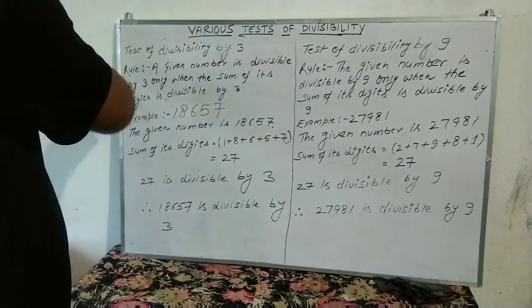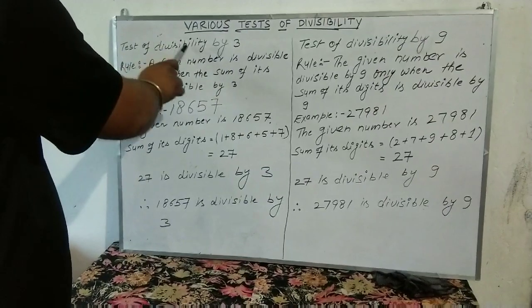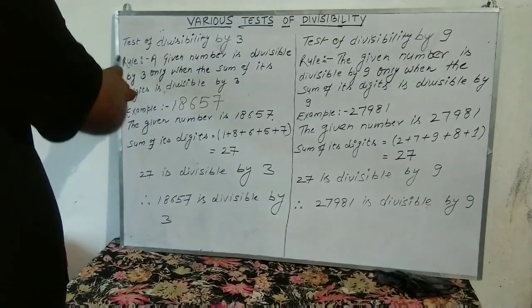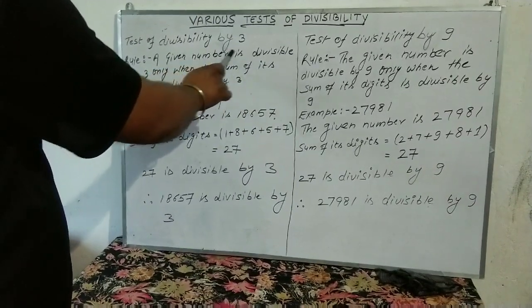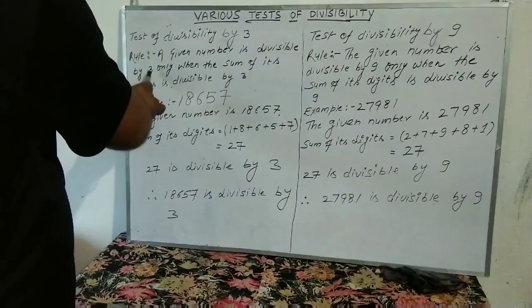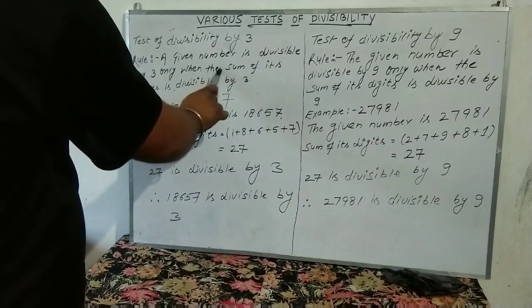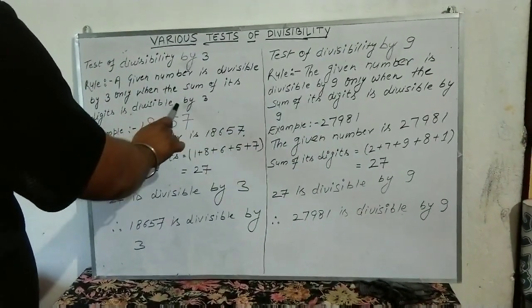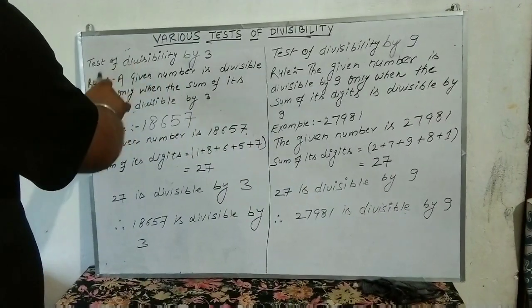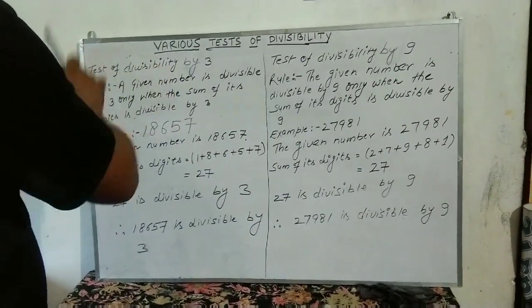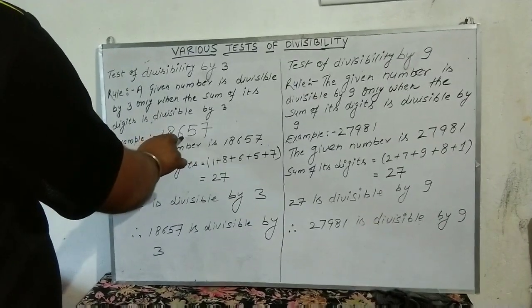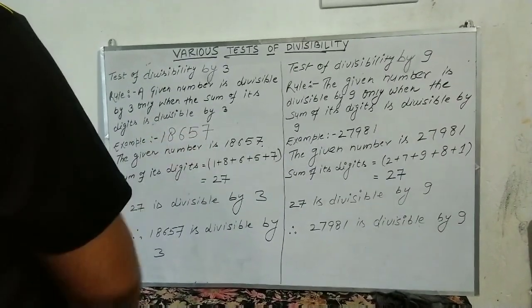Now, next is the test of divisibility by 3. The rule: a given number is divisible by 3 only when the sum of its digits is divisible by 3. To understand this, we will take an example. Our number is 18,657.